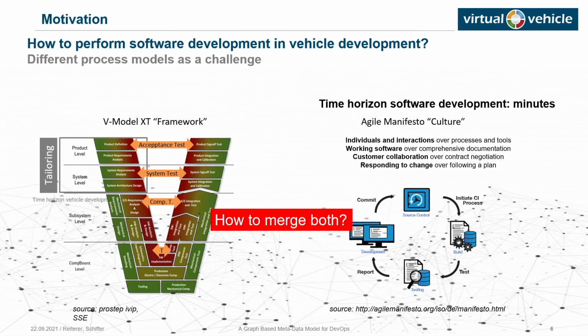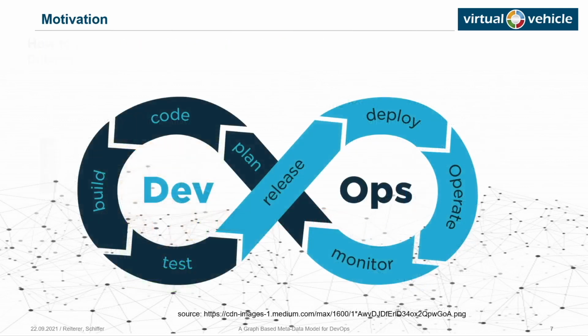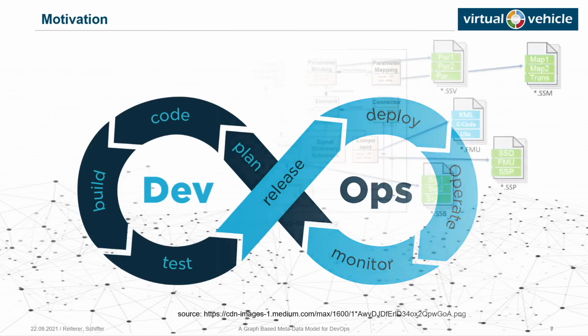And one cornerstone is DevOps, which consists of practices and tools to make continuous development happen. DevOps is established in the software field, but to make it more usable for our aspects, there is often more to do. There is DevOps already happening a lot, but there is still room for improvement, especially to capture the complexity.